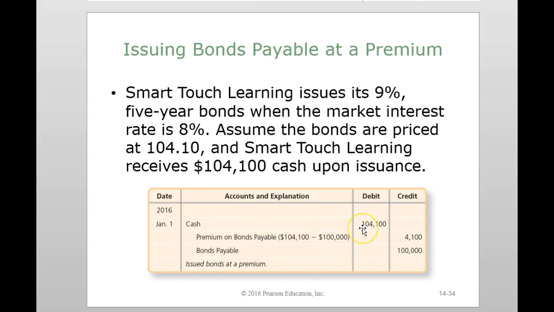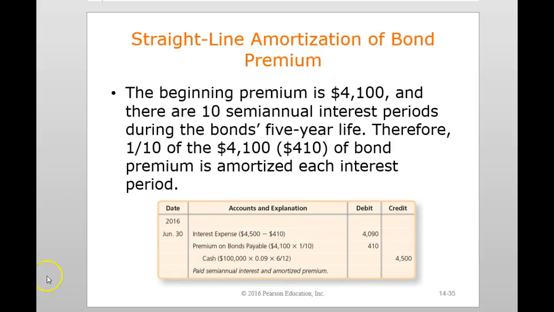So we have cash of $104,100, and now I'm crediting a premium. I credit the payable, but I also credit that premium for $4,100, sorry. So then you come back and you're going to do that straight line amortization for 10 periods.